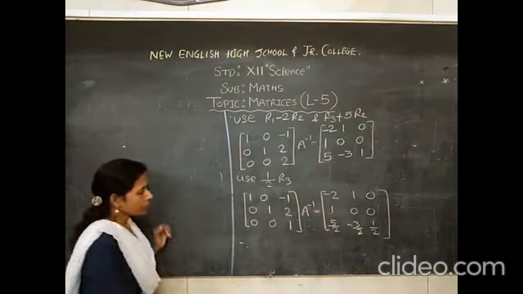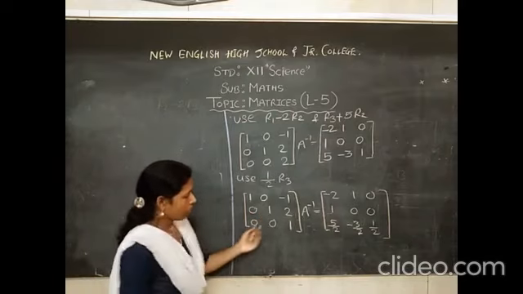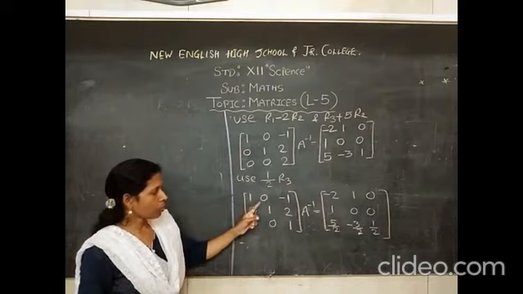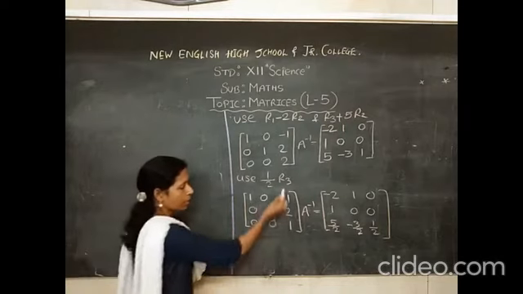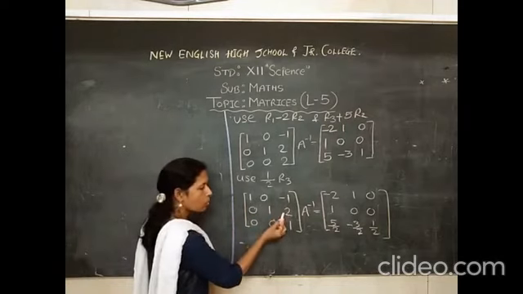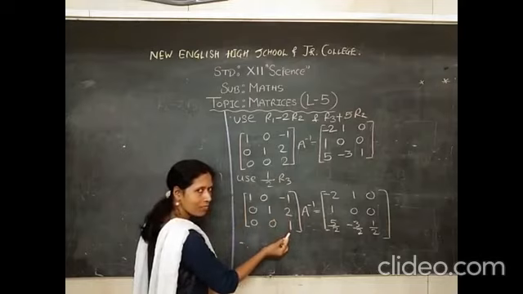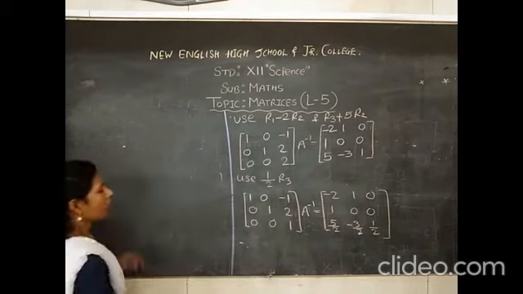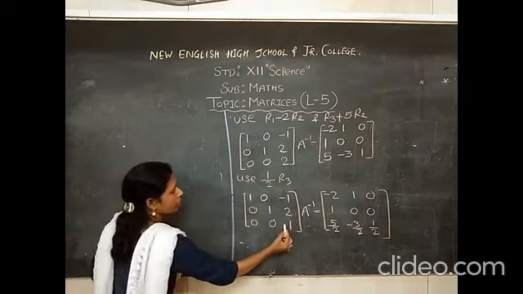Now children, see. Column 1, 1, 0, 0, we have got. Column 2, 0, 1, 0, we have got. Here we want to make it 0, 0, 1. Now, it is already 1.